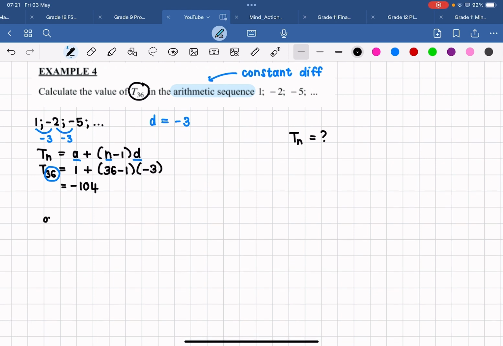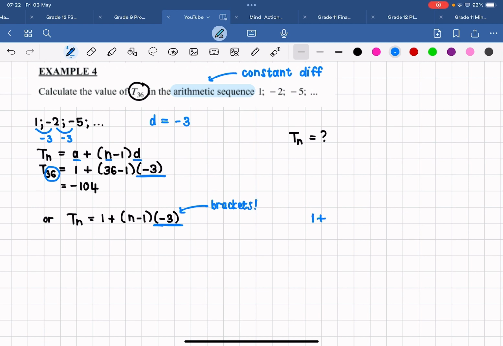If you wanted to, you could, of course, find an expression for the nth term. You could have done your substitution of a and d. Remember, it's very important here that since our d value is negative, when we are substituting it into the formula, we have to put it in brackets because we are multiplying the d value by the bracket in front of it.